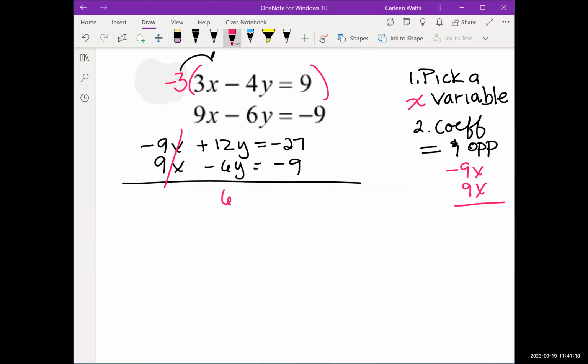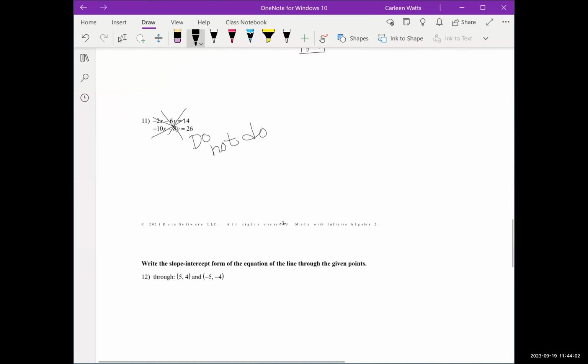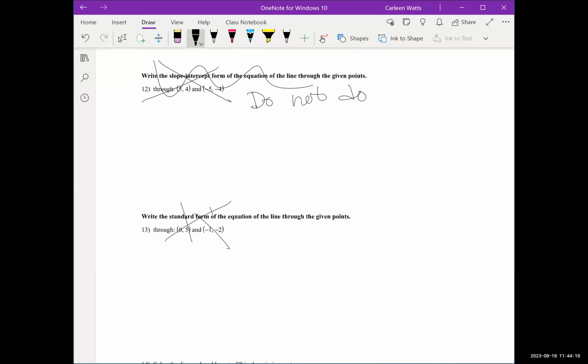So number 11 is do not do. Now, we do not have time. This would be good to practice, but this is do not do. Number 1, you're going to do on your own, but that's just graphing.